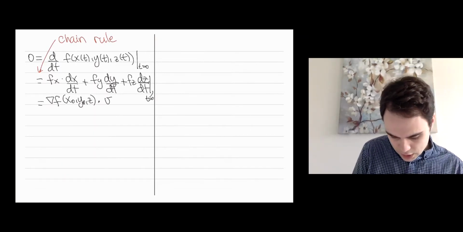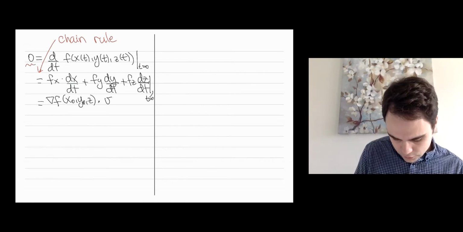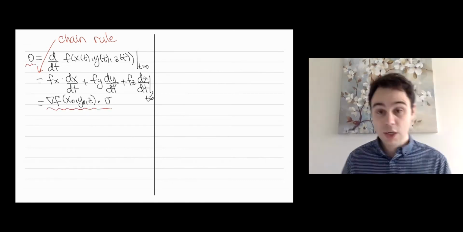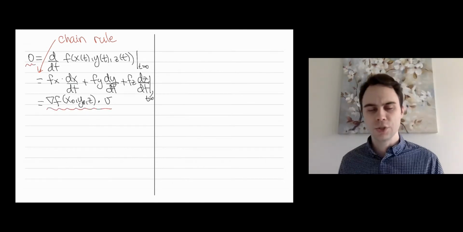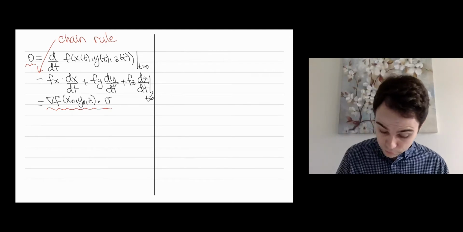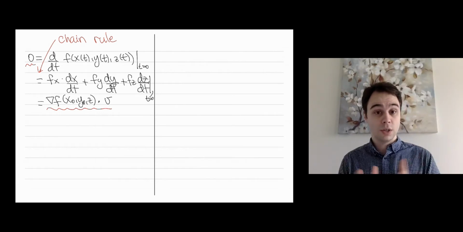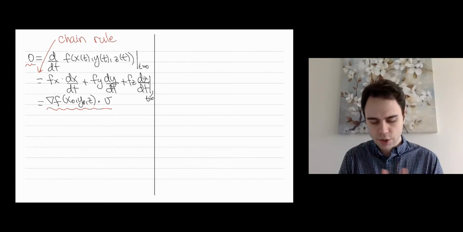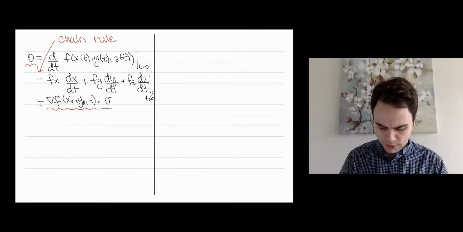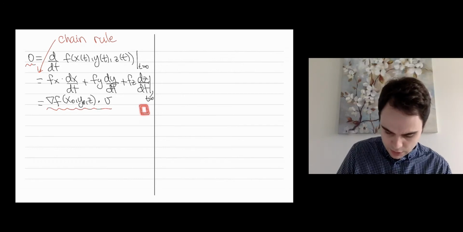So you see, the conclusion is that 0 is equal to the dot product of the gradient with this arbitrary tangent vector on the surface. And to say the dot product of two vectors is 0 is the same as saying that the vectors are perpendicular. So this wraps up our theorem.